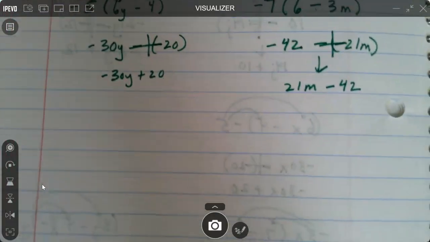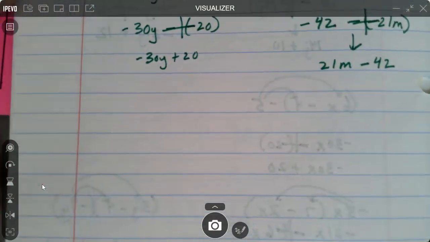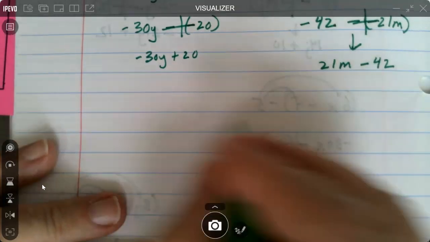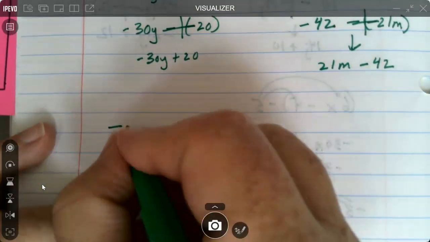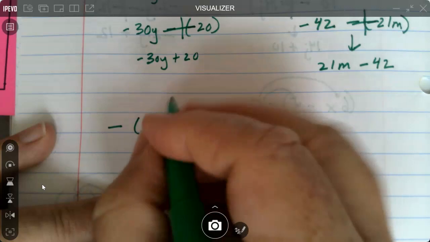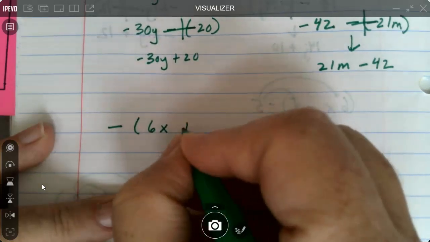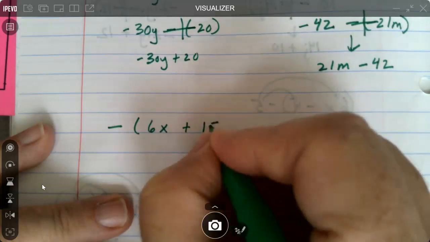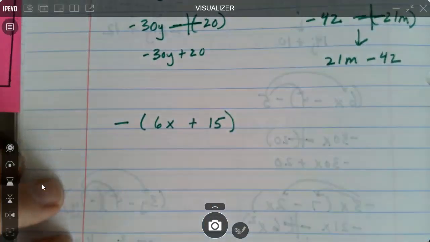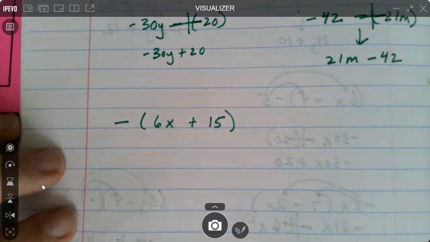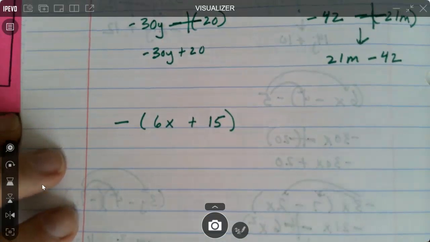Try one more. See if you remember magic. So I got this. Here you go. Okay.